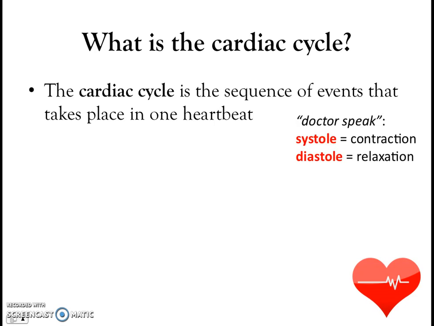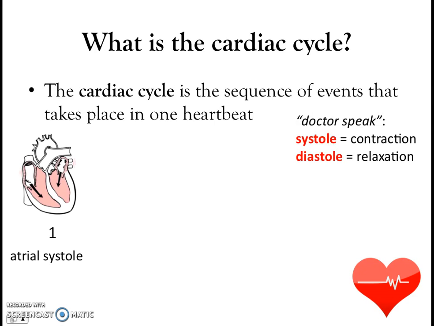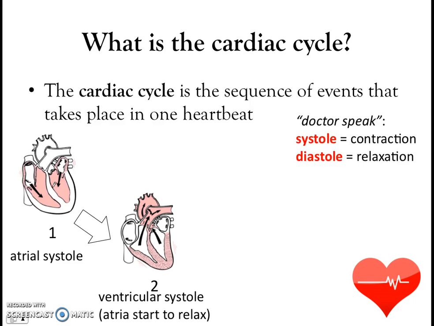Our cardiac cycle begins with the atrial systole. Both atria will contract together, causing blood to move from the atria into the ventricles. In the second phase, both ventricles will contract in what is called the ventricular systole.